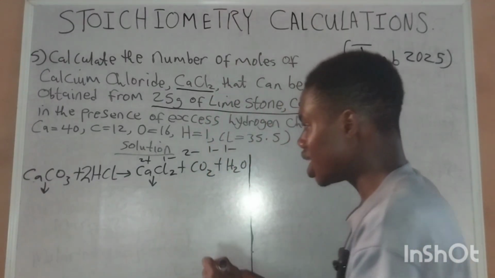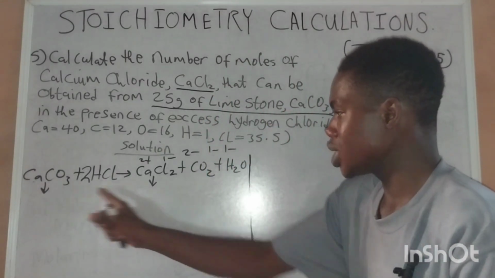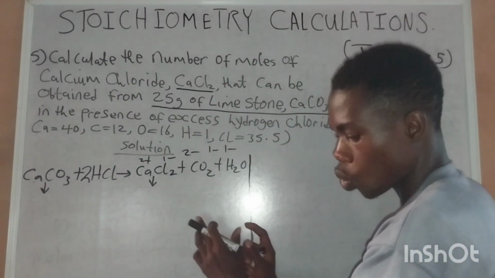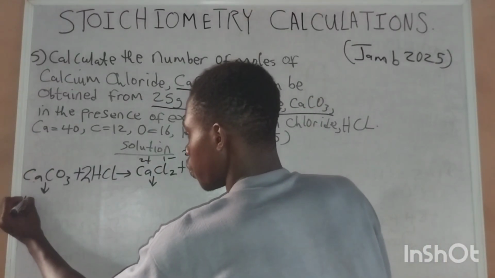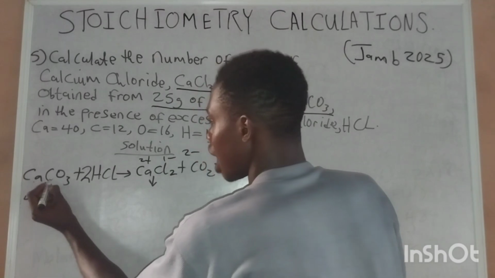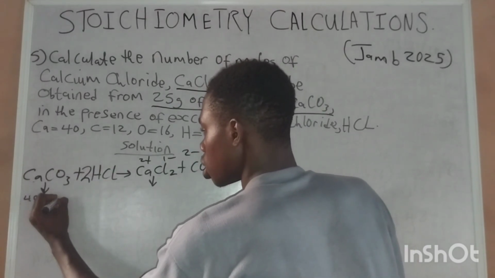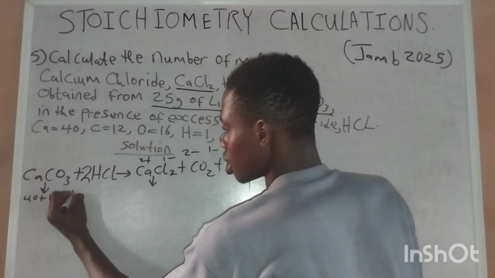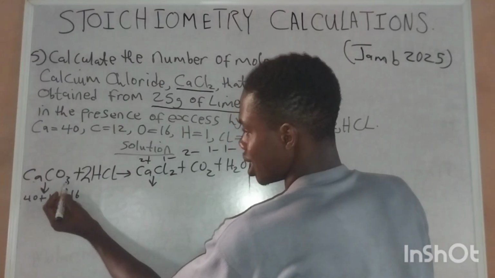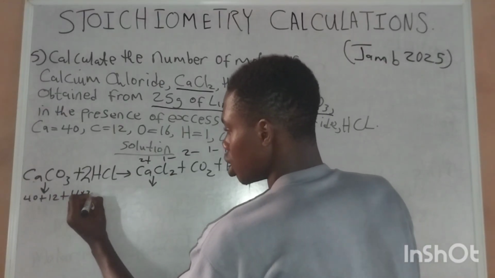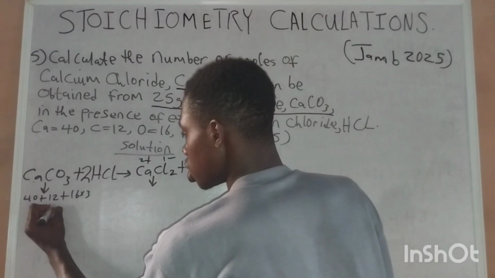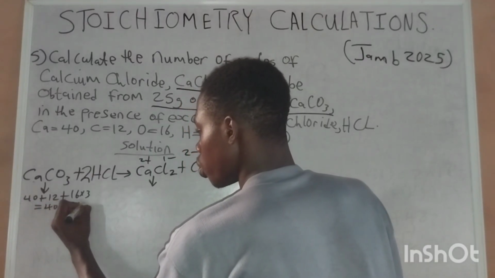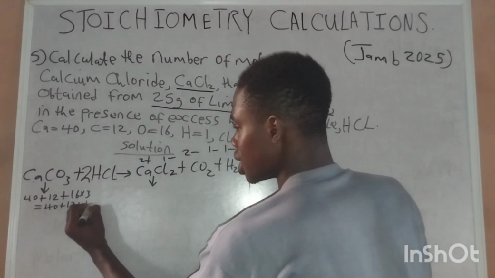Now, having located the 2 compounds, what we're going to do here is find the molar mass of the 2 compounds. Calcium is what? 40, as given in the question. So it's 40 plus carbon is 12 plus oxygen is 16. Don't forget there's 3 here, times 3. So everything will be equal to 40 plus 12 plus, now 16 times 3 is 48.